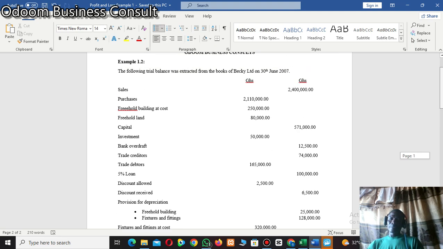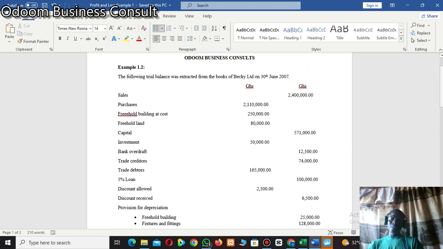This is the straight line method for charging the depreciation because it's on cost. A fixed amount is being charged every year for that asset as a depreciation. So any fixed amount charged on the cost of the asset for every year, the method being employed is a straight line method.